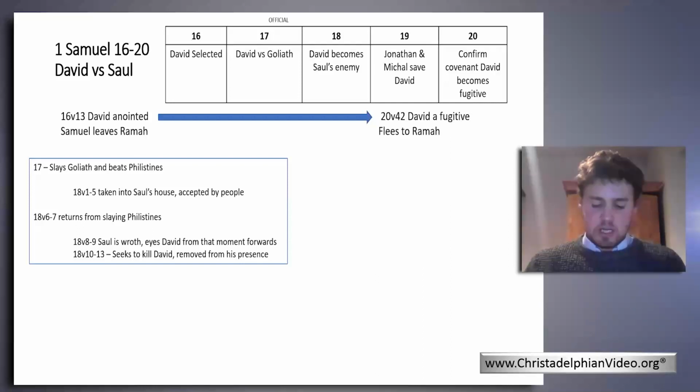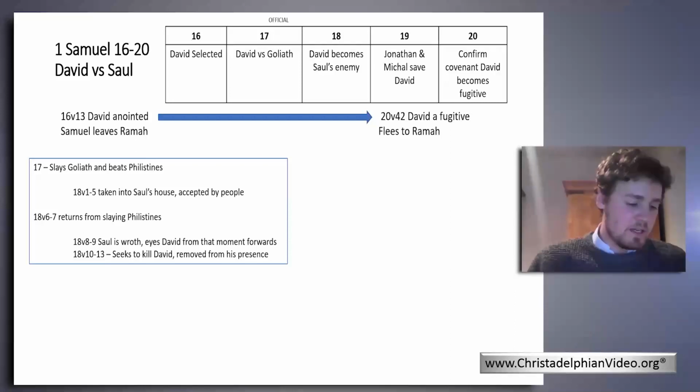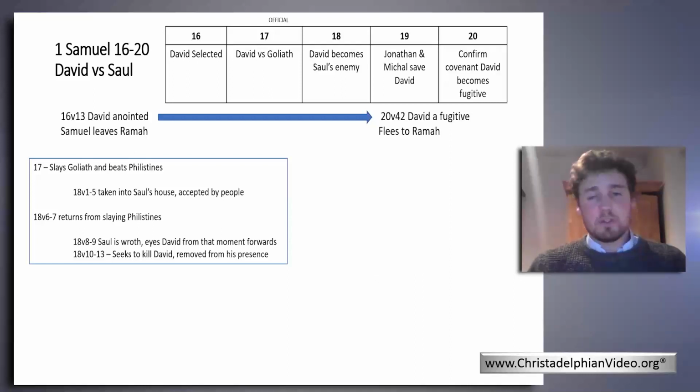He casts a javelin at David. He becomes afraid of David. He asks David in verse 12 to depart out of his presence. He removes him, and he then seeks to kill him, and in verse 29 David becomes Saul's enemy.